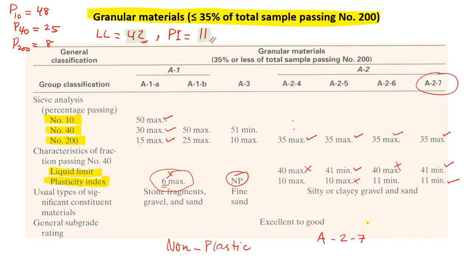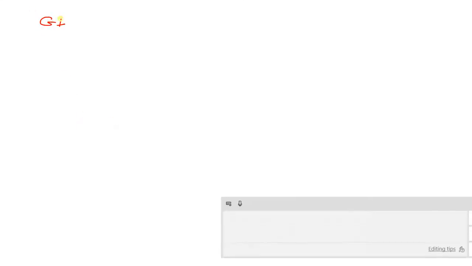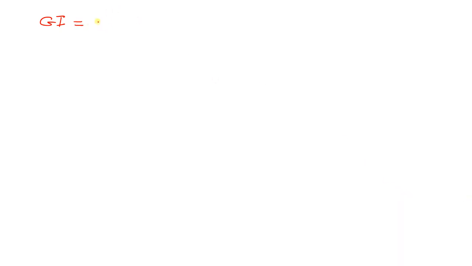Remember this is A27, and we have seen earlier that if it is A27 or A26, we use only the second part for the group index calculation. So let's look at group index. The group index is equal to 0.01 (P200 minus 15)(PI minus 10).